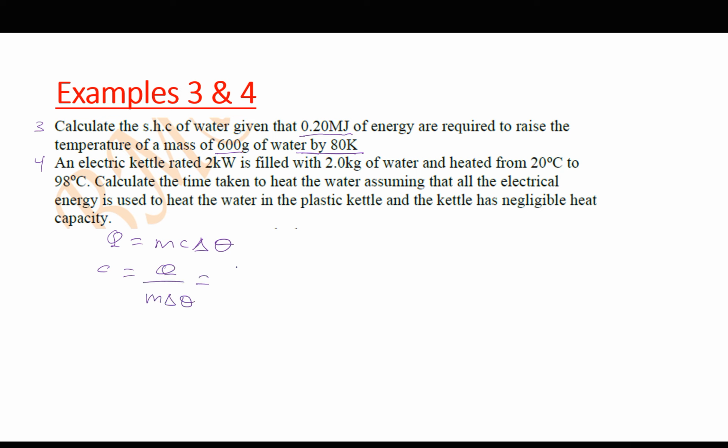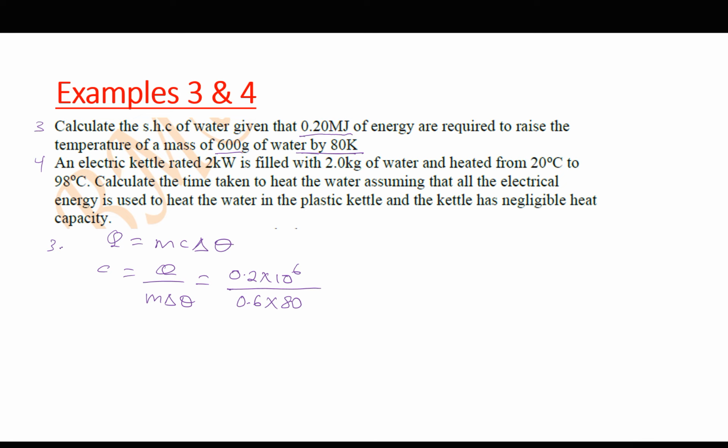So Q is 0.2 times 10 power 6 because it's given in megajoules, divided by the mass, 0.6, because it's given in grams. The temperature change is 80. So we press our calculator: 0.2 exponent 6 divided by 80 times 0.6.